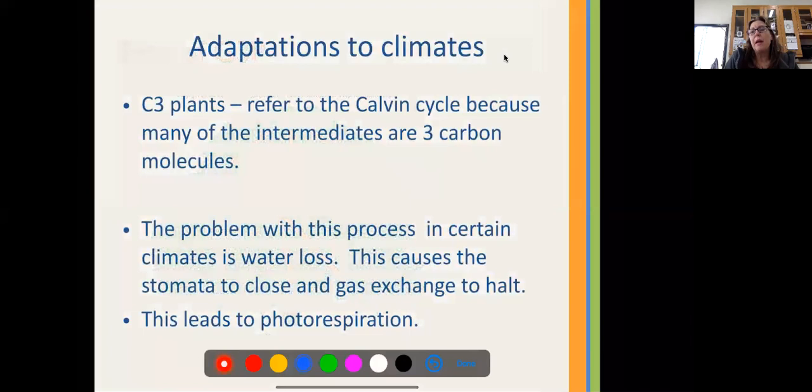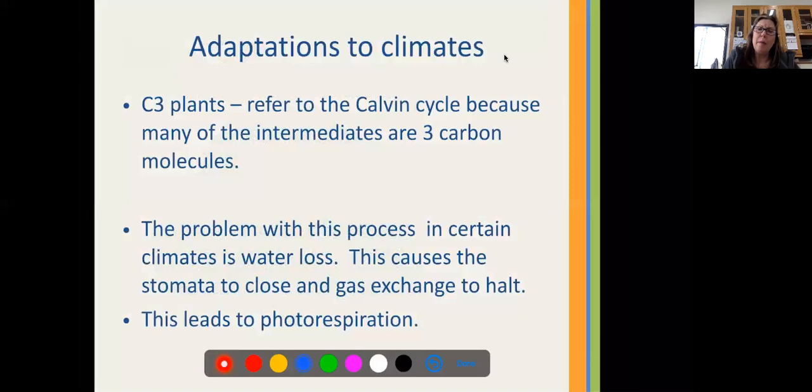Now, there are some adaptations plants have made due to the environment in which they are able to inhabit. When we talk about C3 plants, we're talking about the Calvin cycle, because as you notice, many of the intermediates in the Calvin cycle have 3 carbons.